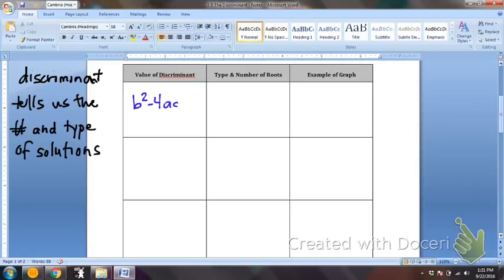If we find out what b squared minus 4ac is, and we get a positive number, so it's greater than 0, this means that we are going to have two real solutions.